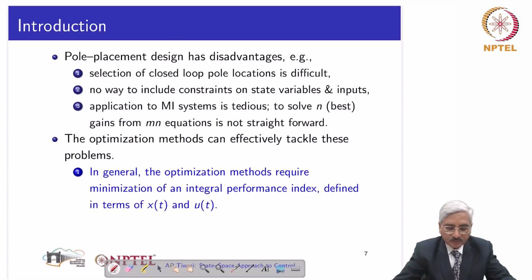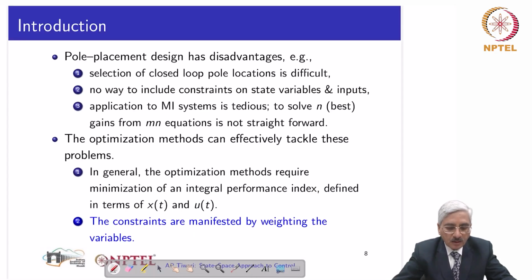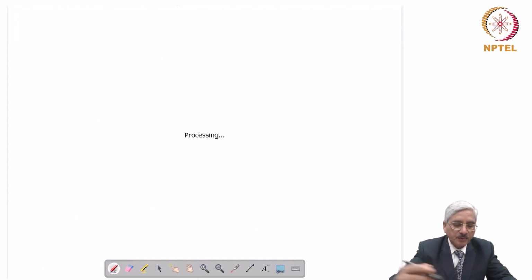These methods require in general minimization of an integral performance index, and this performance integral is defined in terms of the states and the inputs, the state vector x(t) and the input vector u(t). The constraints are manifested by weighting the state variables and the input variables.